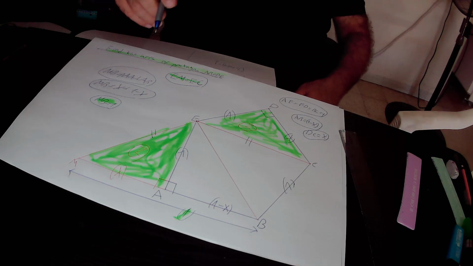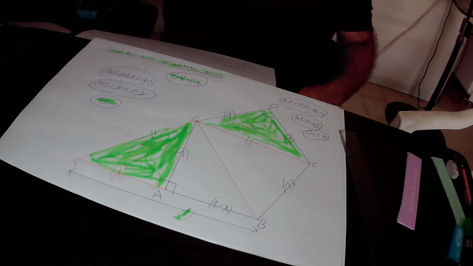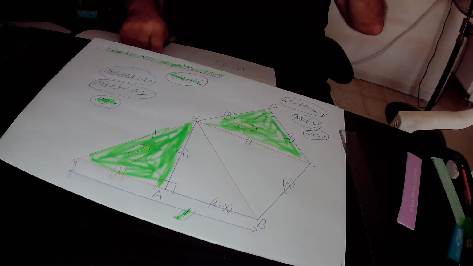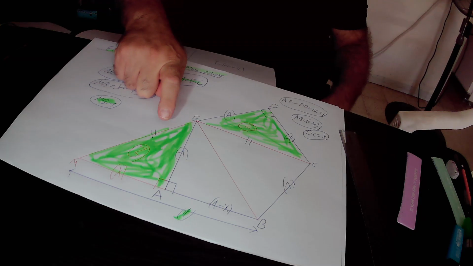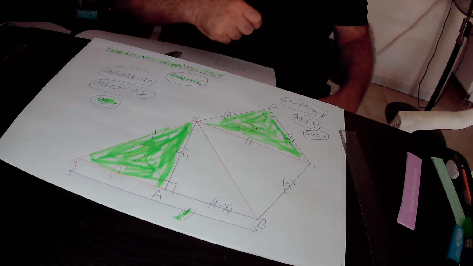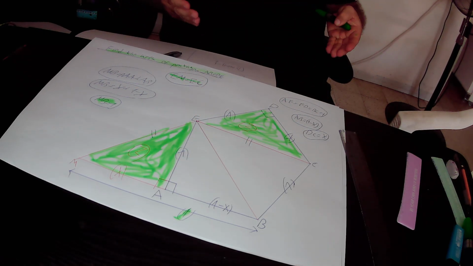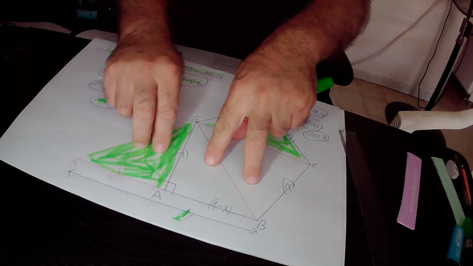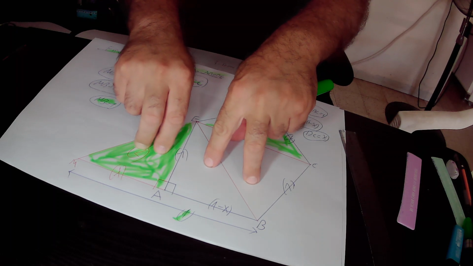But quadrangle MEBC consists of two other shapes. It consists of this right triangle MEA and this quadrangle ABCE. Again, the area of quadrangle MEBC must be equal to the sum of the areas of the two components that it consists of.